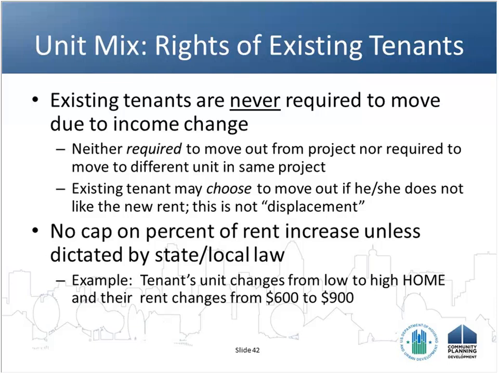And we'll be talking tomorrow that depending on whether it's a high or low home unit and whether it's fixed or floating, we may actually switch out their unit designation. And maybe we'll designate another one of our units in our project as our low home unit and change the designation on this existing tenant's unit to a high home unit and change that rent also.